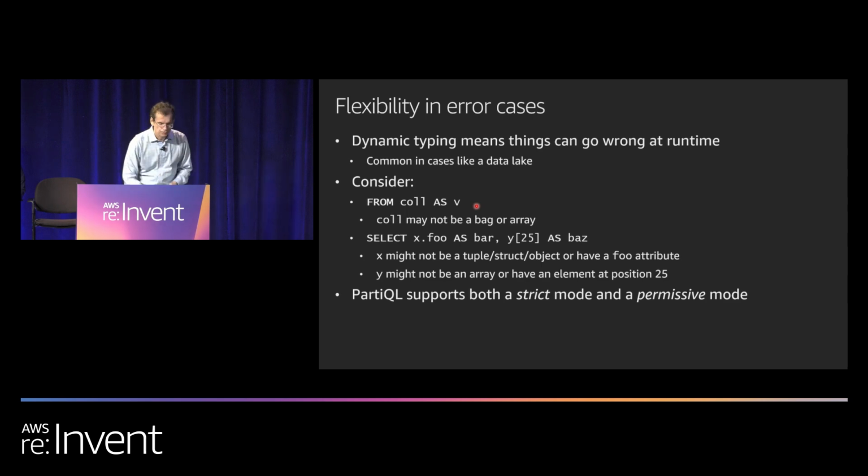What if it's not? Another example: we had plenty of cases where we were saying things like alias dot attribute. You may legitimately ask in these cases, what if this X is not a tuple? Or what if it is a tuple and it doesn't have a foo attribute?